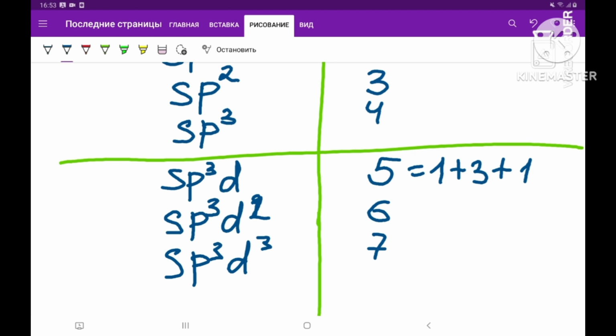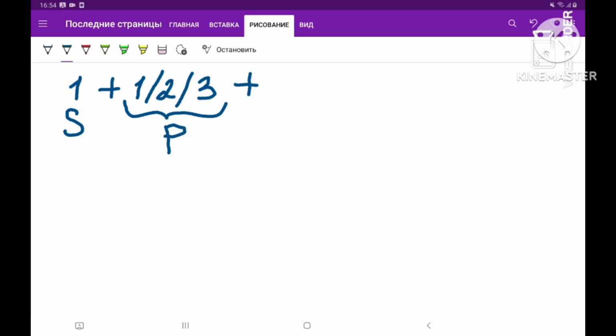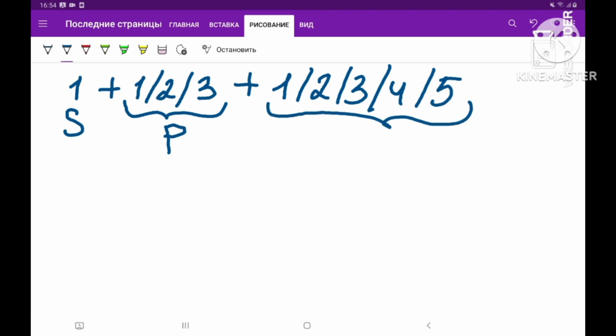So look, we can draw it like this. One will always be S. The S subshell has only 1 orbital, so one of the hybridized orbitals will always be S. Then maximum 3 can be P, so they can be 1p, 2p, or 3p. If it's 2, they will be 1s, 1p. If it's 3, 1s, 2p. If it's 4, 1s, 3p.